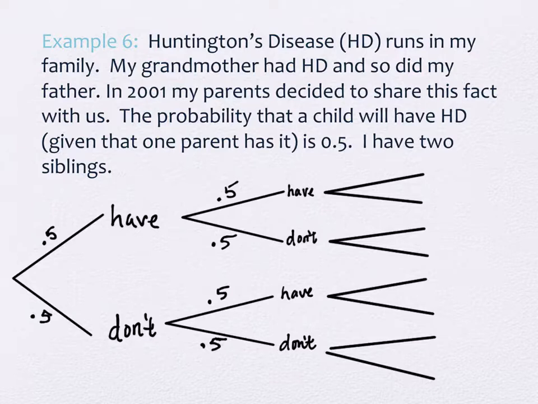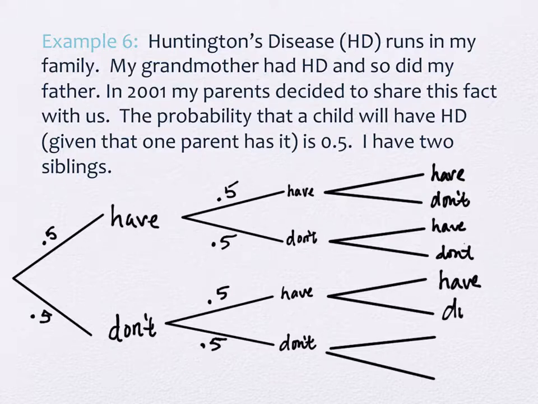He either has it, or he doesn't. And each branch has a 0.5 probability.